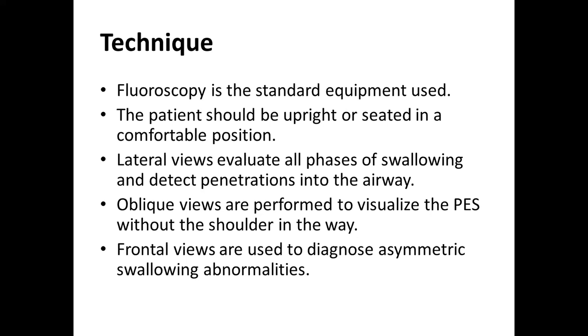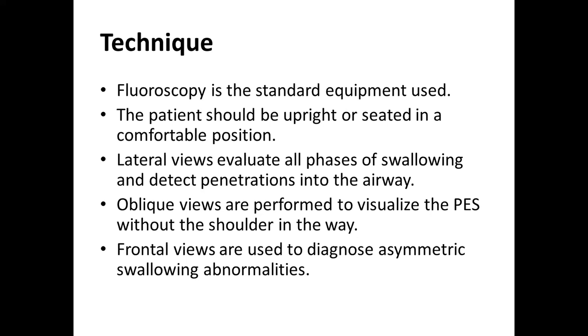So lateral views are the best for evaluation of the esophagus in swallowing examinations, because they view almost the whole of the esophagus. Oblique views help us visualize the esophagus, especially at the level of the pharyngoesophageal segment, projecting the shoulder away from the area of interest.